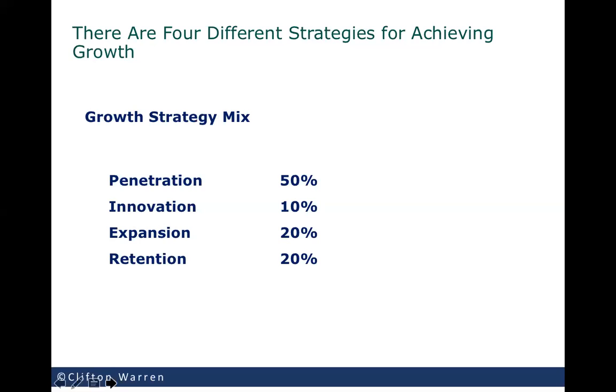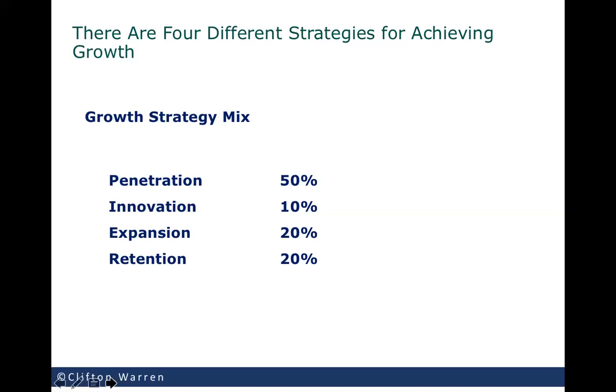So in this particular mix, on this particular example here, when you list your growth strategy mix, you want to list the percentages that you want to dedicate your time and resources to. So in this example, penetration of expanding current products in existing markets is about 50% of the marketing time you want to devote to that.